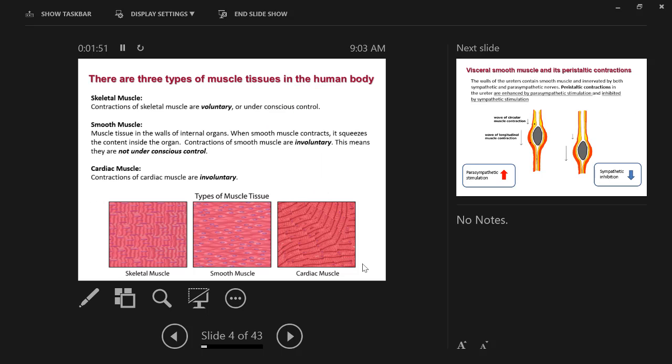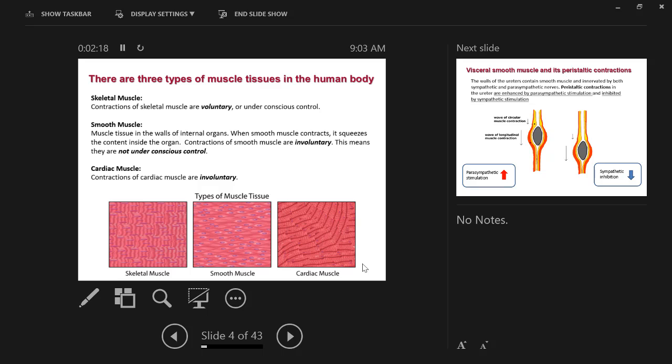Before going any further, I want to remind you, I know you know this, that there are 3 different types of muscle tissue in the human body. One is skeletal muscle, which you can control. It's under conscious control, like your arms and legs. The second one is smooth muscle, like the muscle in a vessel. You cannot control it.